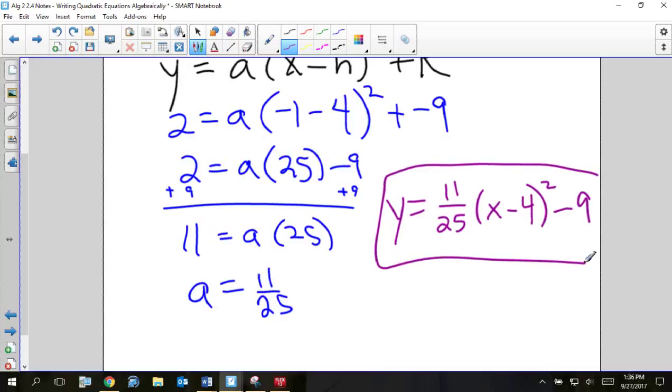That is vertex form. Did you have to find the second part, or was it just find the equation? Just the equation. How can we check it? In the calculator. Let's type that into our calculator.